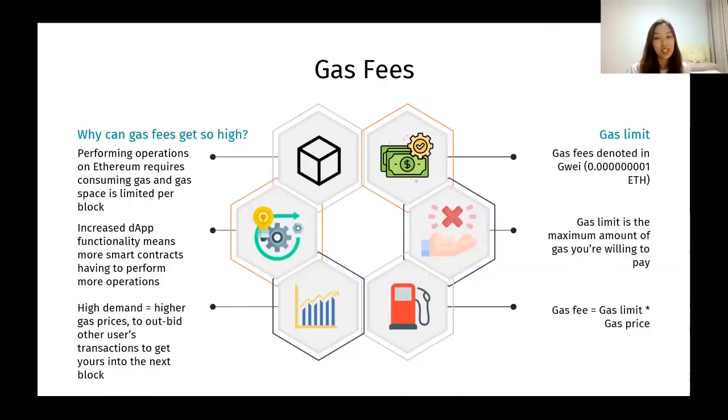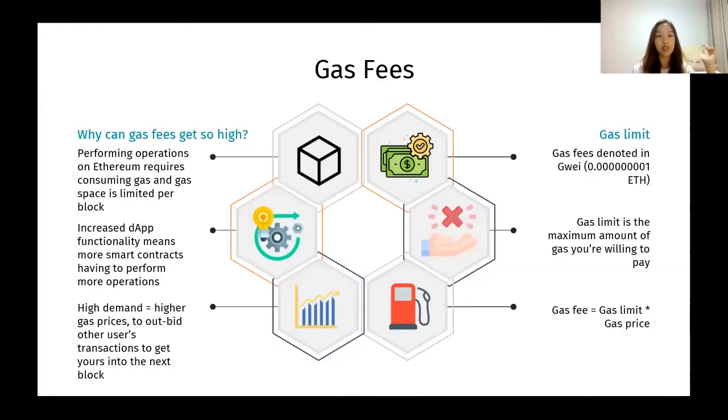So for every transaction you want to make, you have to set what fee you're willing to pay for a transaction to be executed. So the maximum amount of gas you're willing to pay for a particular transaction is called the gas limit. So additionally, you must input the gas price for each transaction as well. So the gas limit times the gas price equals the gas fee, and you pay the gas fee when you submit a transaction. And then this gas is used to just allocate resources in the EVM.